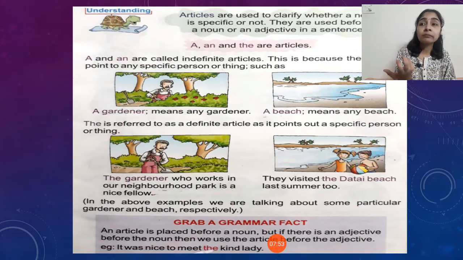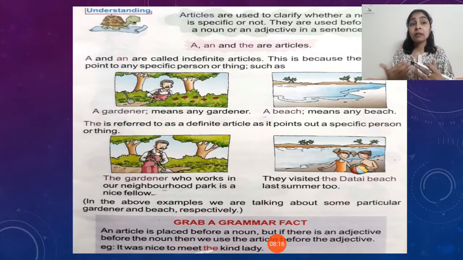For example, when we talk about an egg, any egg. Okay, I saw an ostrich. I saw any ostrich. So an ostrich is not a definite thing, so here we are using an. Now when I talk about the same ostrich again, I saw an ostrich.